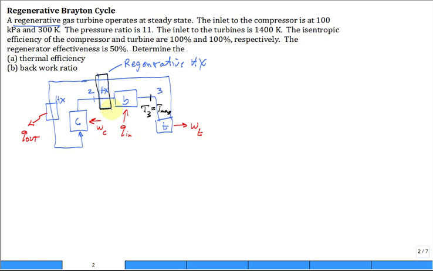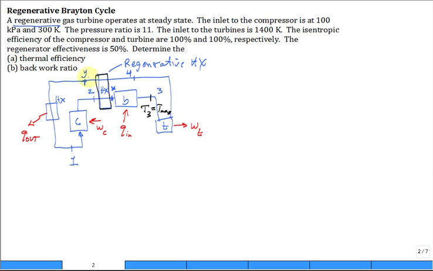And now here's the little bit of a challenge. When it comes out of the turbine, they stay with state 4 right here. But they didn't want to reorder the numbering system, leave 1 right here. So what they do in the textbook is they call this state X and this state Y. So it goes from 2 to X before it goes into the burner, and it goes from 4 to Y before it goes to the other heat exchanger to reject the heat.